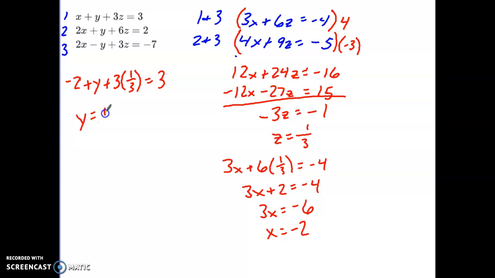I get y plus 1 equals 5. Subtract the 1 over. Y equals 4. So my answer, x is -2, y is 4, and z is 1/3.